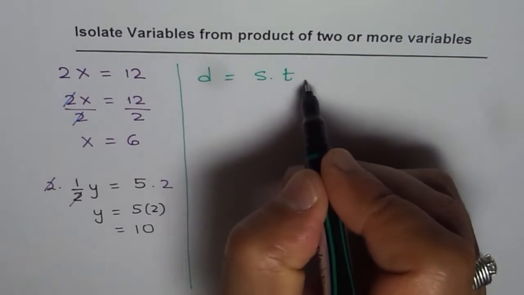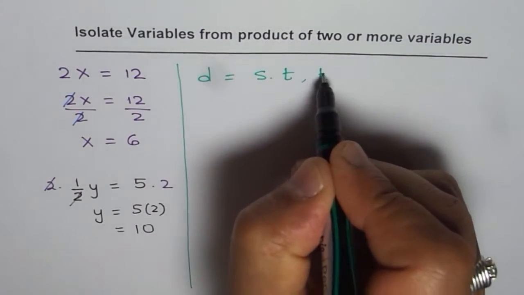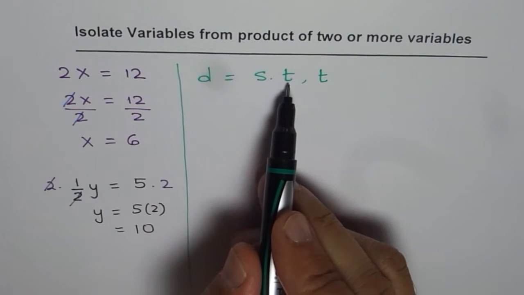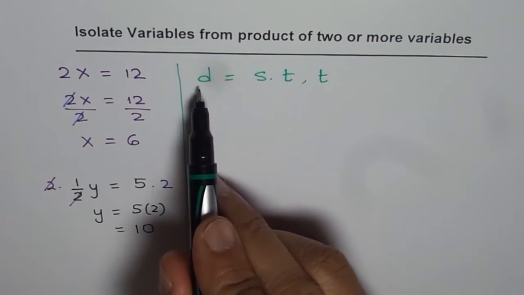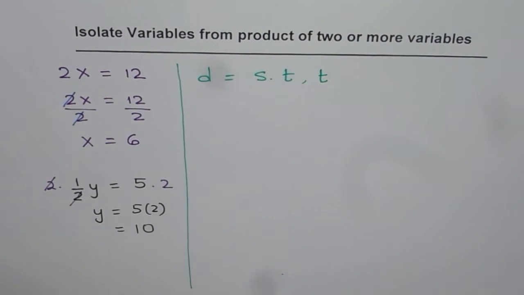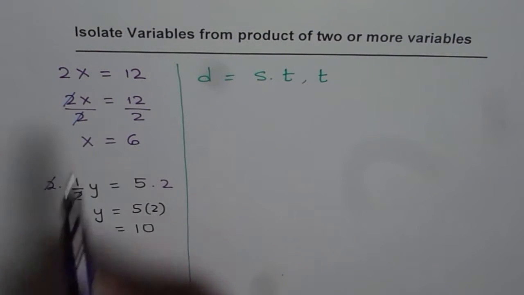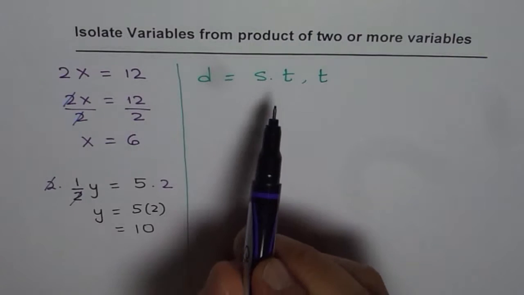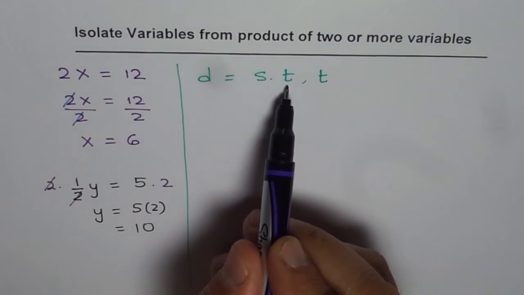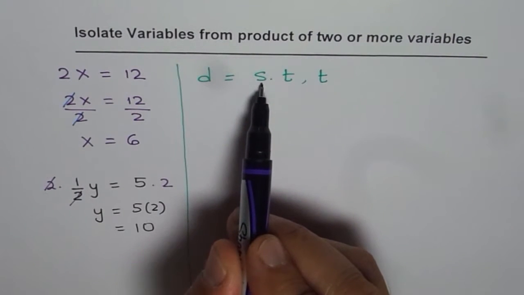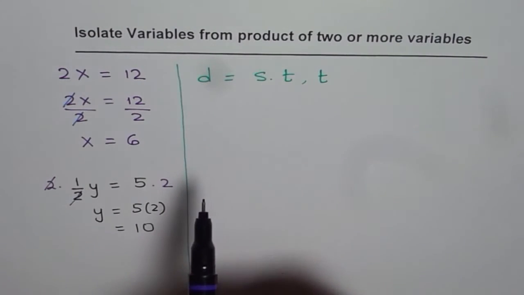Now if the question is isolate time, that means find time taken if you know distance and speed. How are you going to do it? Well, we are going to adopt the same strategy. That is, since we want to isolate time, we will divide by speed on both the sides.